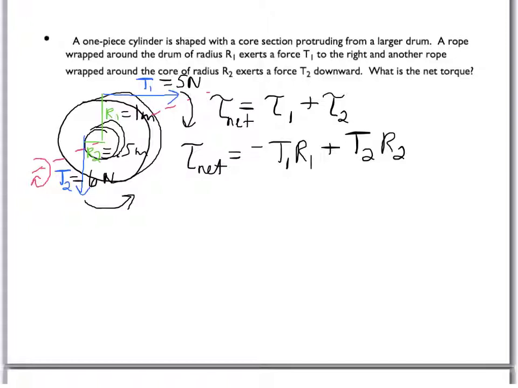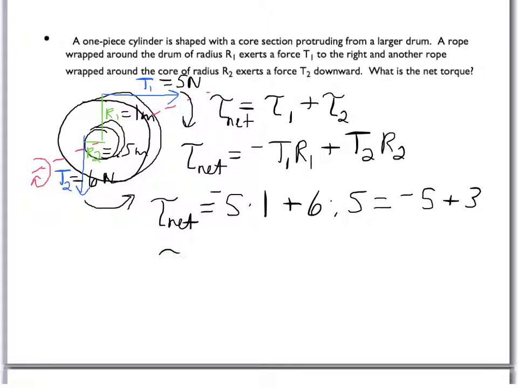Now, if we were to plug these things in, we could find our net torque as a numerical value as well, where we would take T1 times R1 and put a negative sign in front of that, and add T2 times R2 and put a positive sign in front of that, or basically negative 5 plus 3, giving you an overall net torque of negative 2 Newton meters.